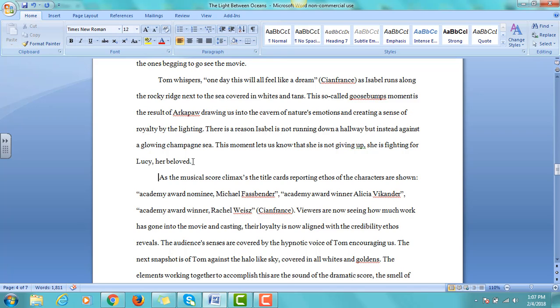And if you're talking in terms of the means of persuasion, ethos, logos, and pathos, this writer is arguing that the title cards that kind of come between the different shots in the trailer establish ethos of the film because of what the title cards say. So she says, as the musical score climaxes, the title cards reporting ethos of the characters are shown.